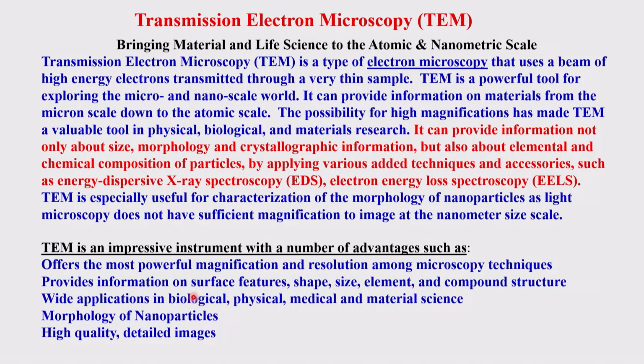It has wide applications in biology, physics, medical and materials science. Morphology, of course, can also be obtained for nanoparticles and nanocomposites, any kind of thing. It gives high quality, detailed images. All of these are the positive factors for the TEM to be utilized.